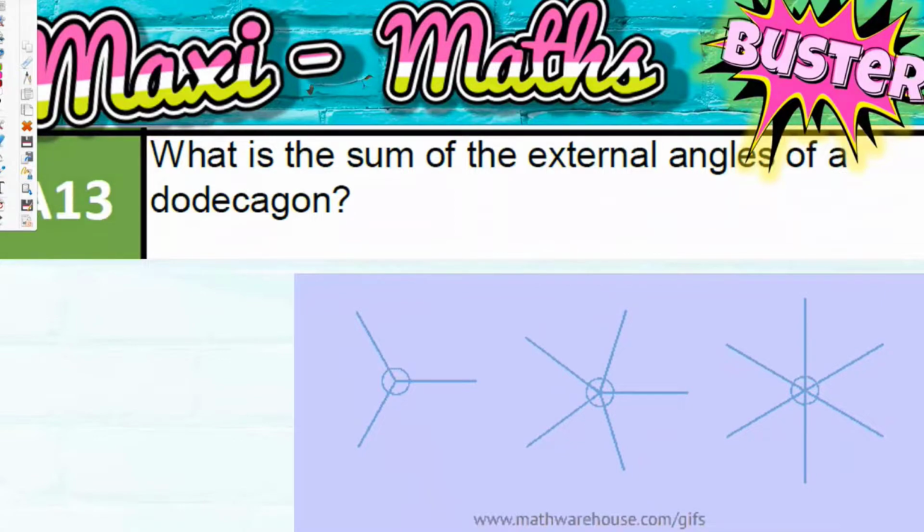So the external angles have met at the center, and you can see that on a triangle, the three external angles together all make 360 degrees because they all fit together to make a circle. Let's just write that that was a triangle. This one was a pentagon, and the 5 external angles together, again, have fit together to make 360 degrees.